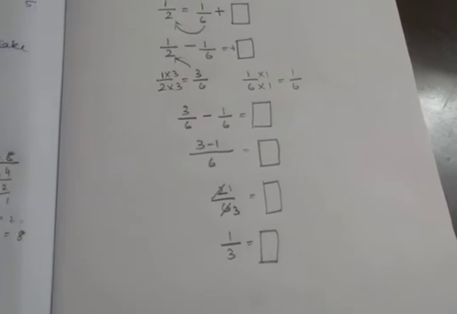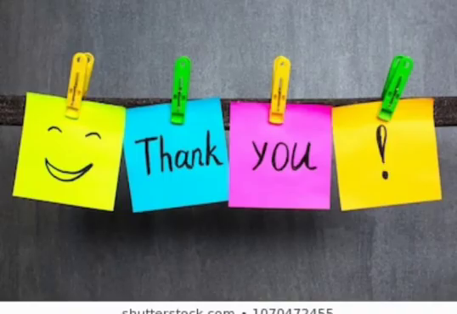Okay, children. In today's class we have discussed second, third and fourth problems. Actually, second and third problems are word problems and the fourth problem is fill in the blanks where you have to use some different methods. But once you understand that method, it is very easy. The concept is we have to make that box positive, because the fractions are always positive.